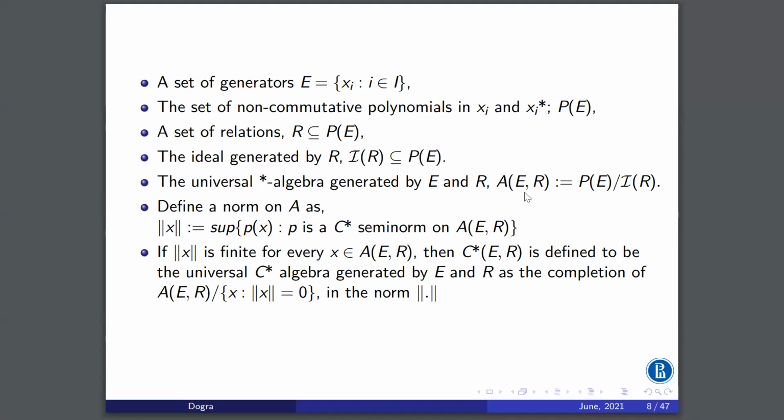Note that if the value of this norm is finite for every element in A, then the star algebra is defined to be the universal C-star algebra generated by this set E and the set of relations R. It is formally given as the completion of this quotient in the norm that is defined here.